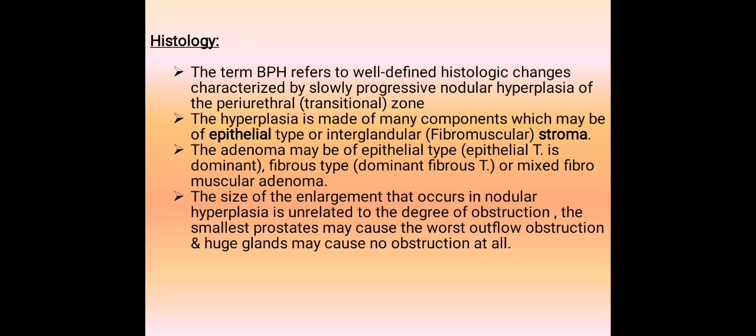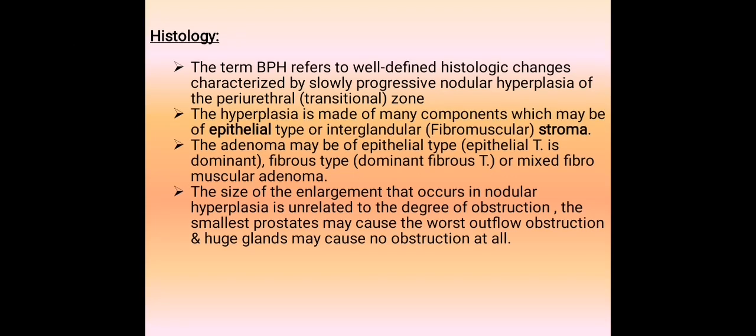Regarding the histology, the prostate, as we said previously, is composed of glandular tissue and fibromuscular tissue. So the term BPH refers to a well-defined histological change characterized by slowly progressive nodular hyperplasia of the periurethral transitional zone.